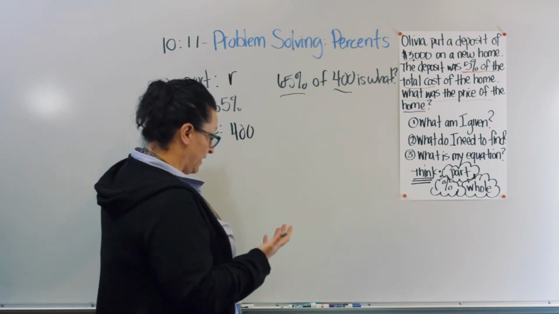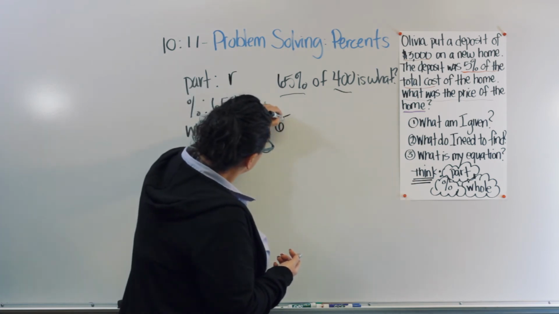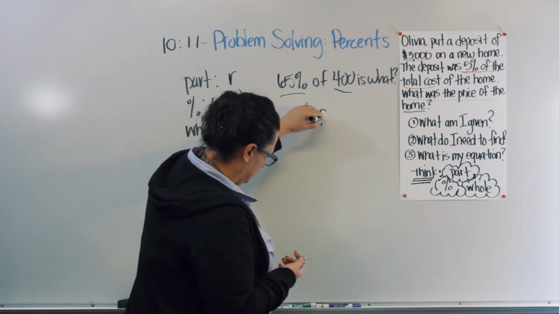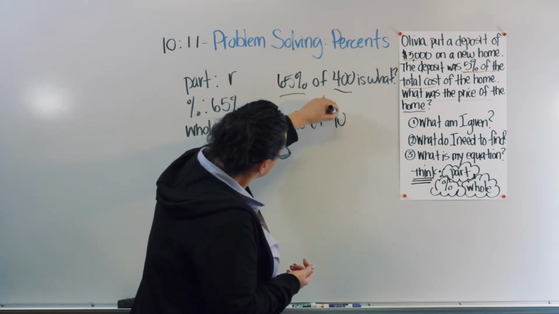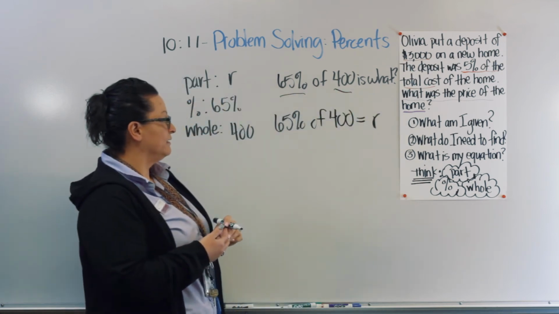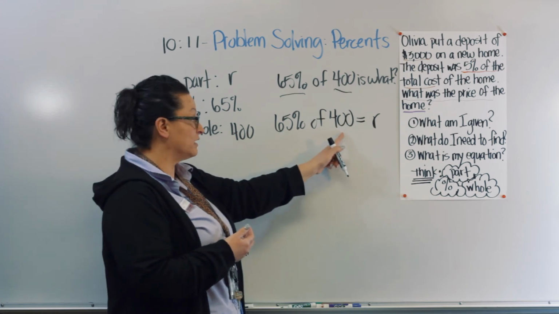So now let's write our equation, which would be 65% of 400 is R, okay? So we want to know what 65% of our whole 400 is, okay?